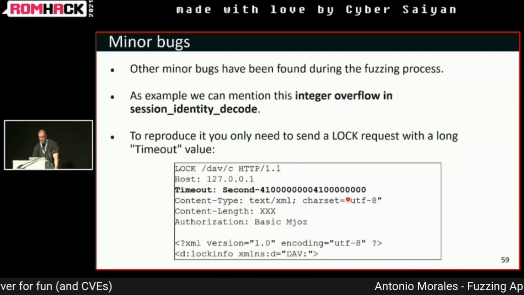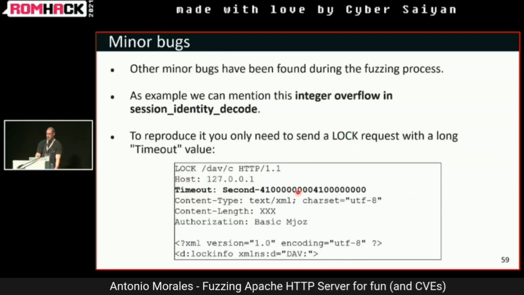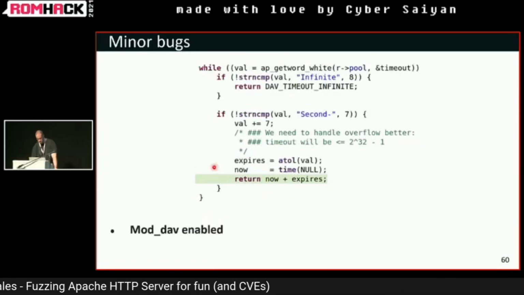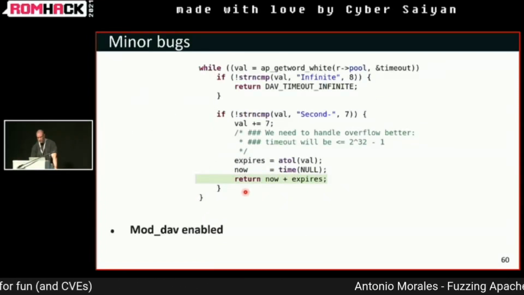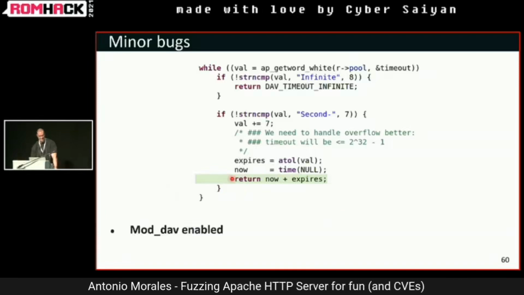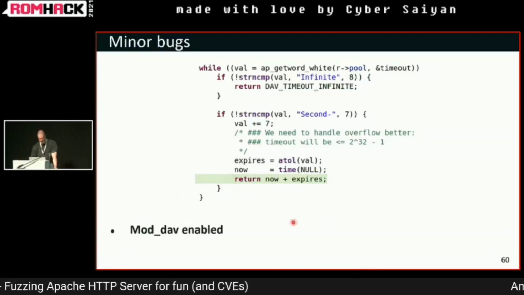But don't get confused. This is not a buffer overflow. We provide a really long timeout value, but it is an integer overflow. I'm sure that most of you are able to identify what the problem is. Marco, I'm sure that you are able. Okay, perfect.